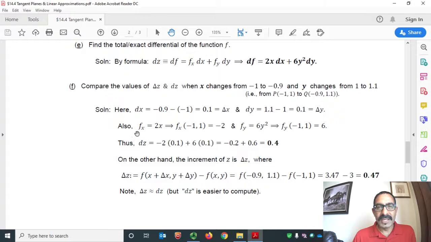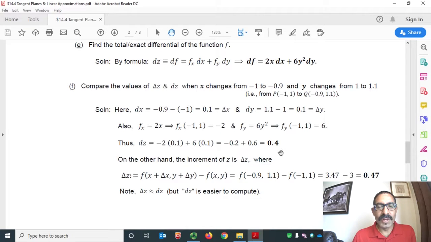Also, the partial derivative of f with respect to x, fx, is 2x evaluated at point P, which is negative 2, and the partial derivative of f with respect to y turns out to be 6y squared evaluated at point P, which is 6.